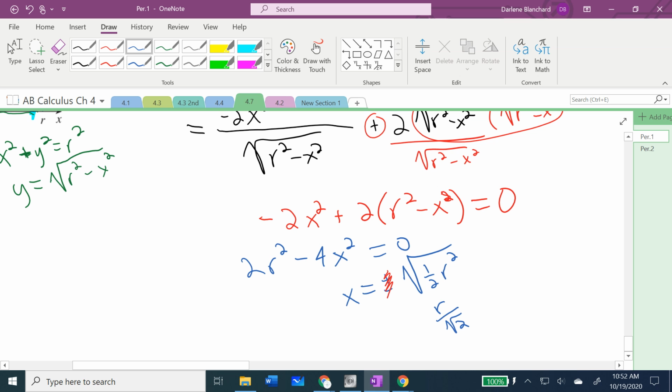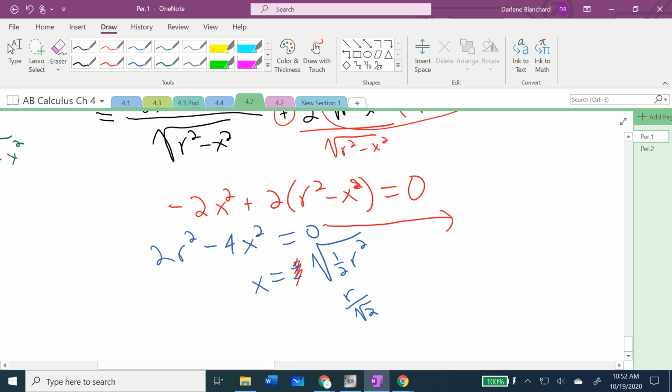Which is actually really, really interesting. Oh, I tried to do the algebra too quickly. So from right here, I have 2r squared equals 4x squared. Then I divided by 4 to give me the r squared over 2.